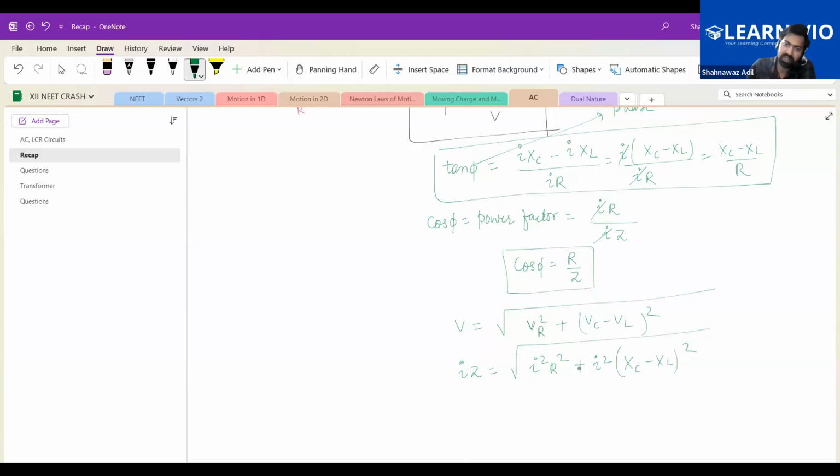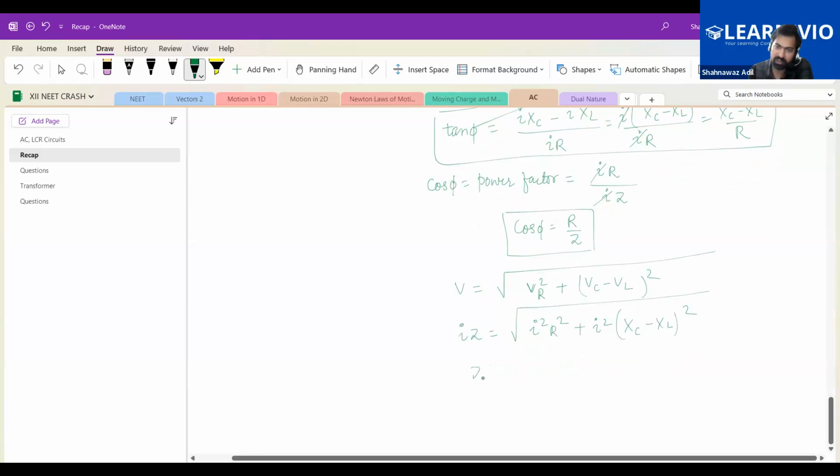So I square we can take common and it would be cancelled, and you will get this. This is the important quantity. One is in the voltage form, and the other is in the reactance form. This is what we call impedance.